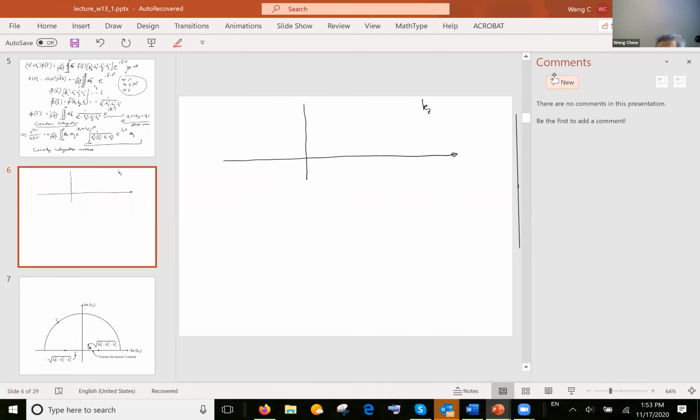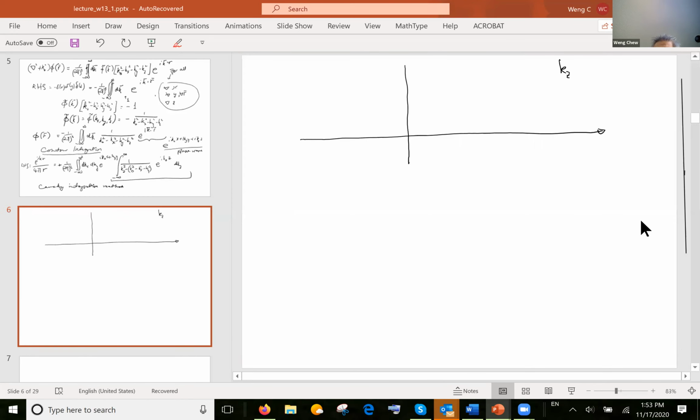Okay, this is real kz. This is imaginary kz. I'm just writing out this integral in the complex kz plane, and it would be an integral something like this.